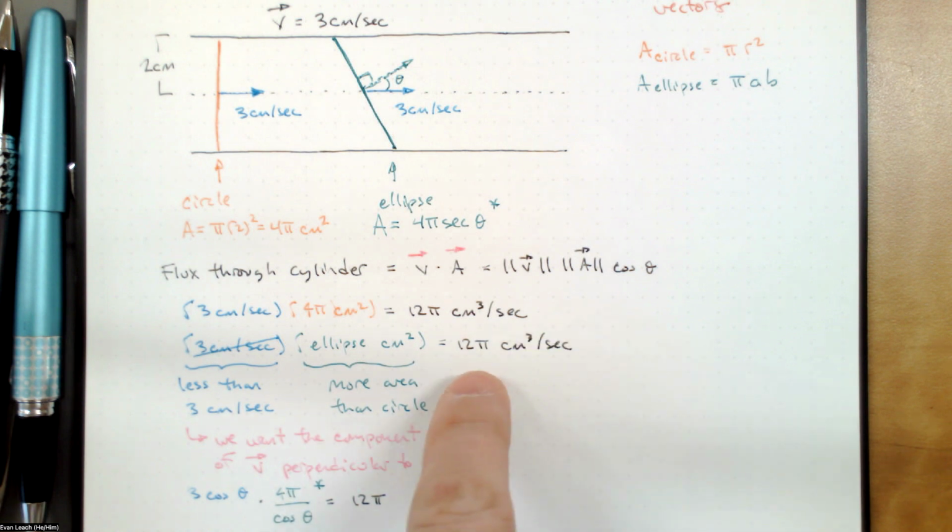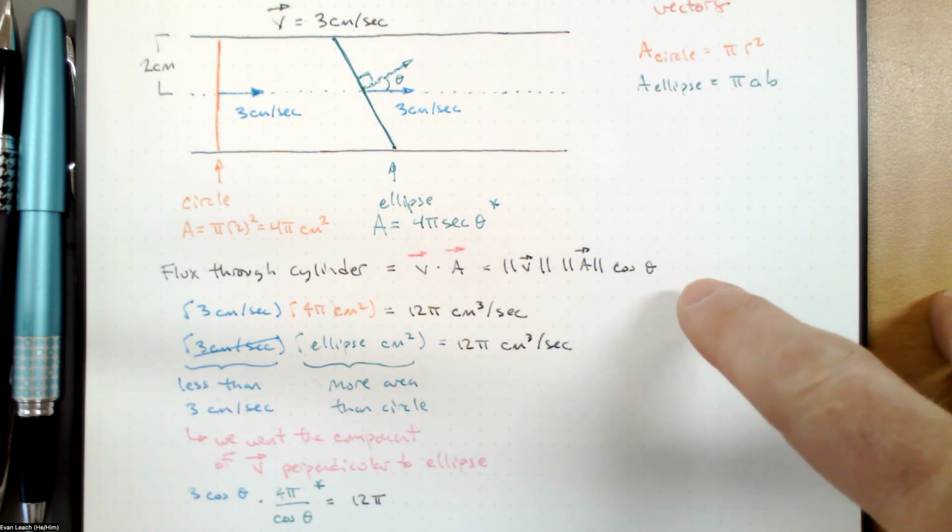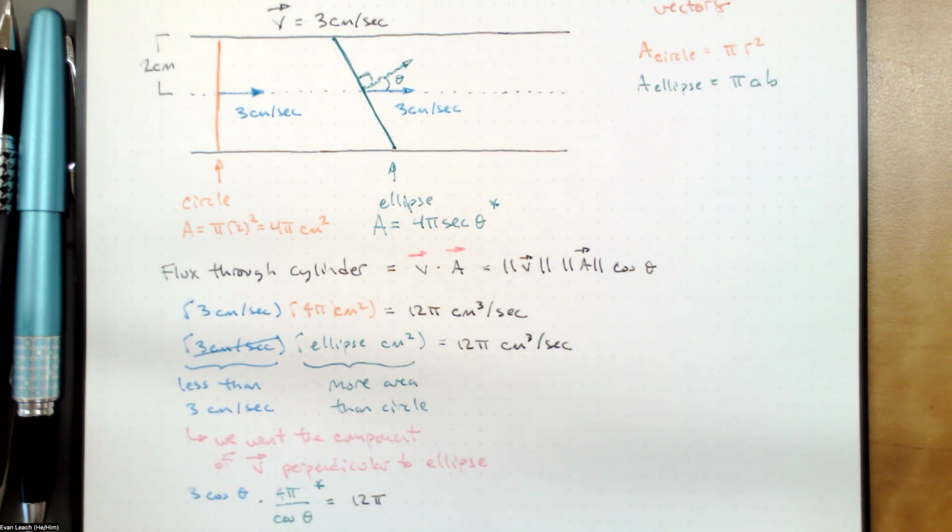So the 12 pi doesn't help us, because theta will turn between 0 and 90 degrees. And when theta is equal to 90 degrees, the cosine of theta drops down to 0, and then we have a problem. We can't divide by cosine of theta.